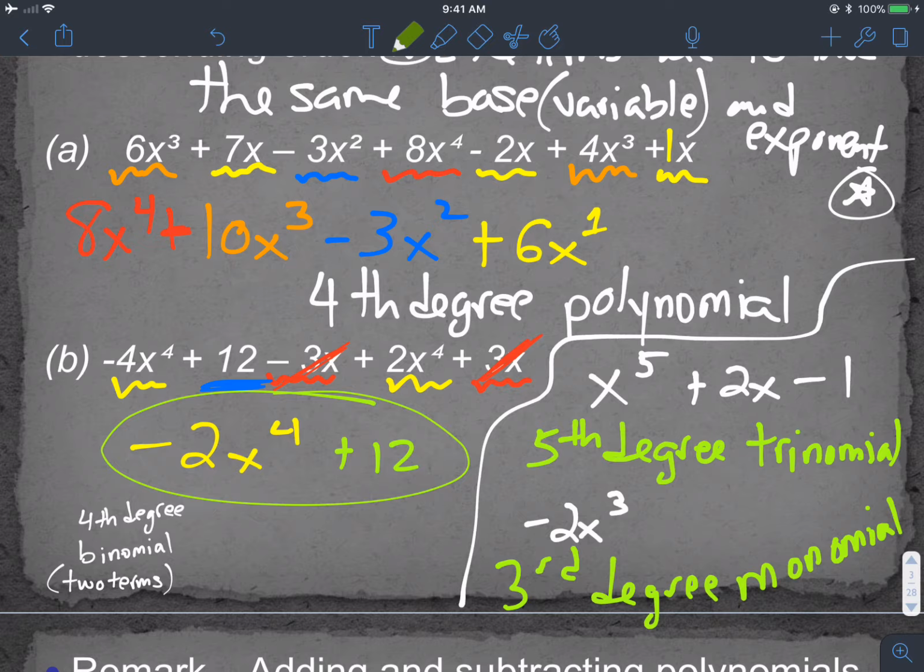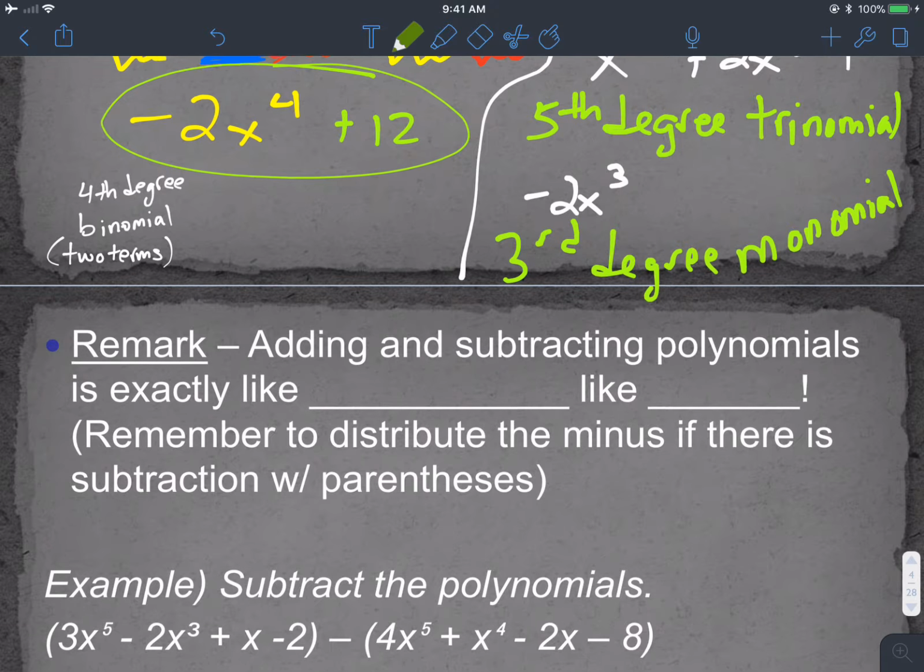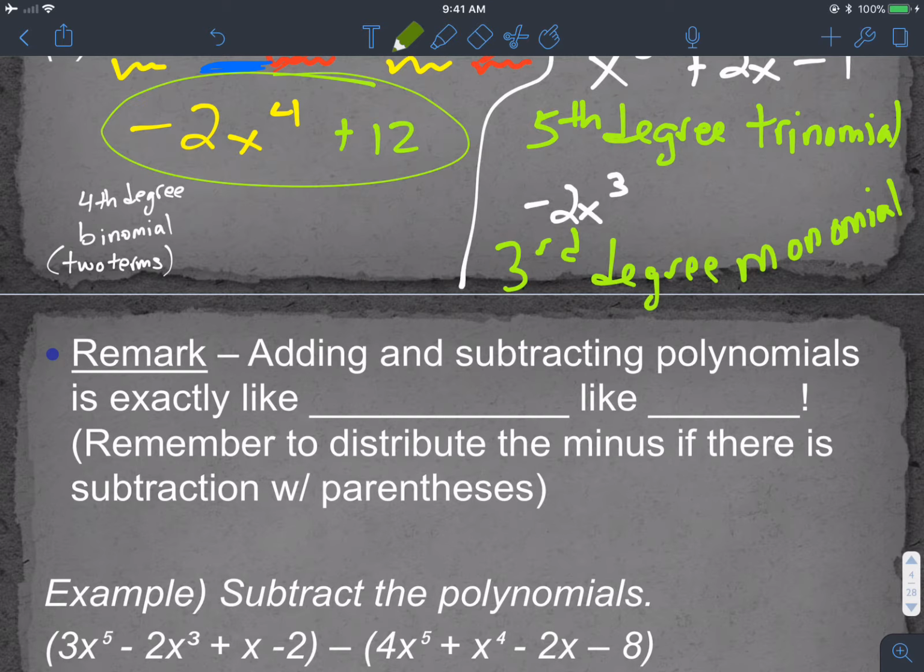So it's not just counting the x's at the end, right? Yeah. Gotcha. The next section is easy because it's just like combining like terms.